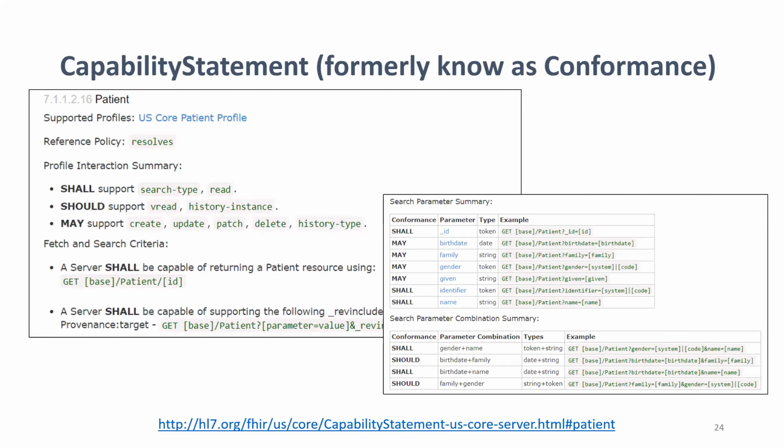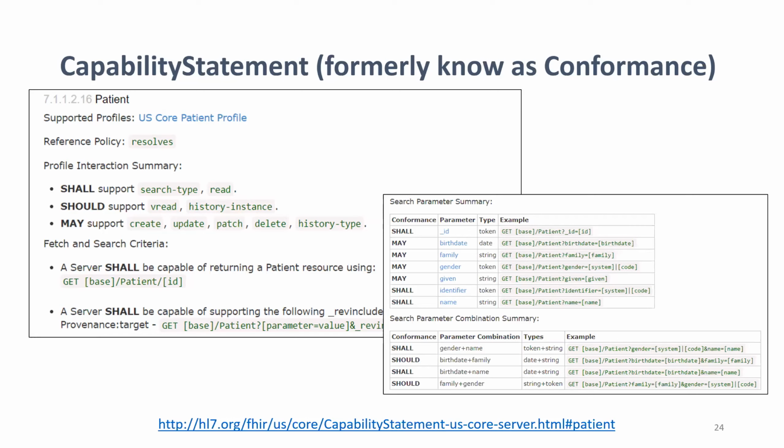Here's an example of US Core Patient. And you can see it shows what you shall support. You shall support search, you shall support read, and then there are other cases where you may want to support it or should support it. So supporting this capability statement, what's unique about implementation guides is you're describing expectations: what you need to do, what you should do, what you shall do.